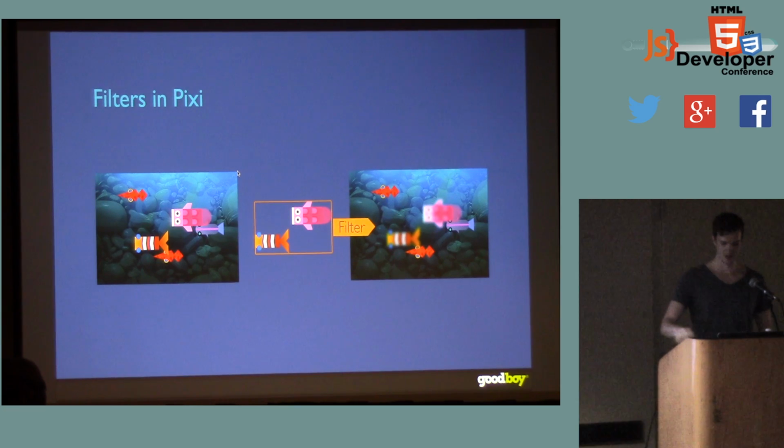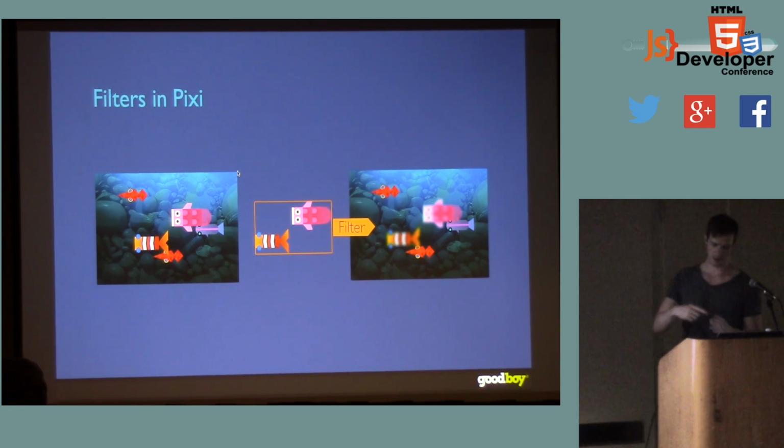Instead of rendering the fish to the main scene as it normally would, it calculates how big the object is and creates a little texture off screen. Then it draws the fishes to that off-screen texture, and we know it's going to fit because we calculated the size. Once it's finished rendering the fishes, it takes that and draws it onto the main scene.